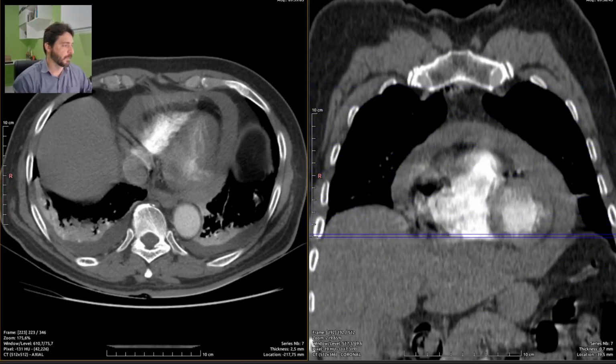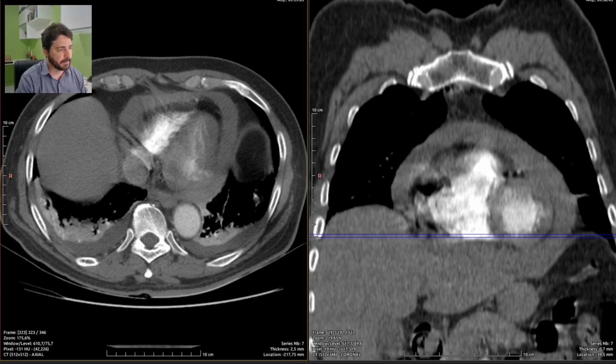So there are no signs of acute pulmonary arterial thromboembolism, but there is a large pericardial effusion. And this is it.